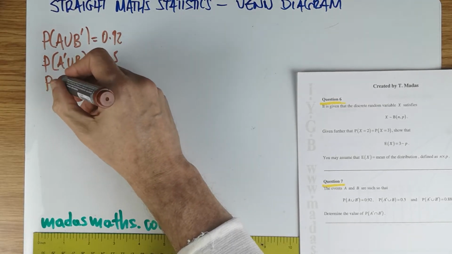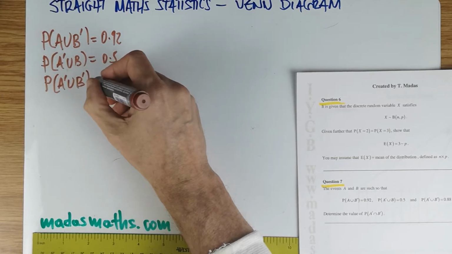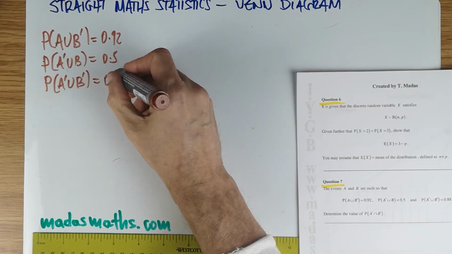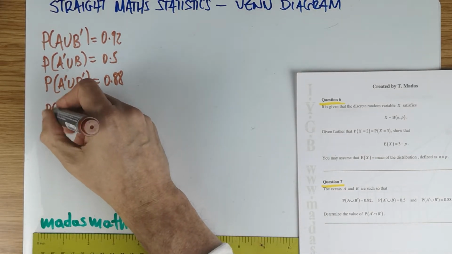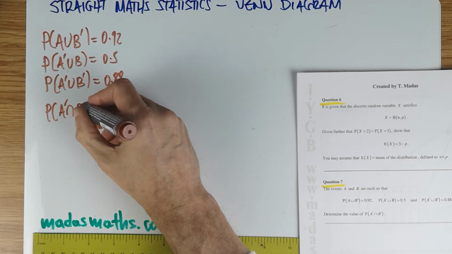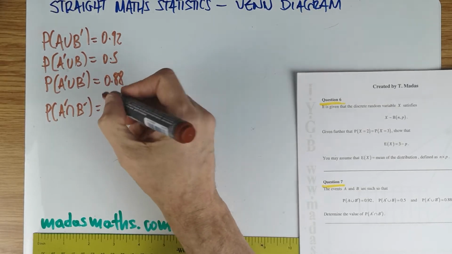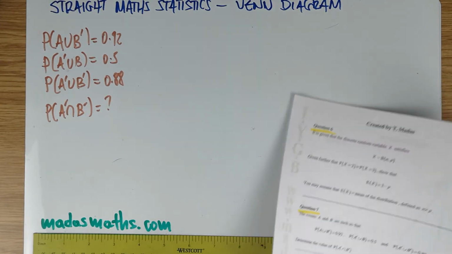The probability of not A is 0.88. And it's asking us, what's the probability of not A and not B equals question mark? So this is basically what the question is asking.